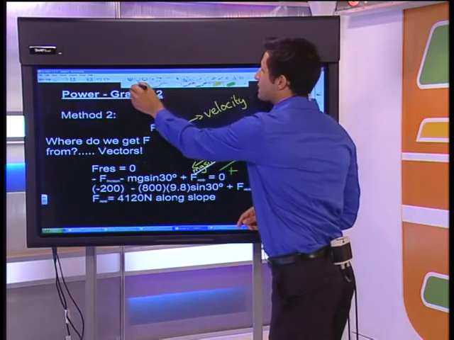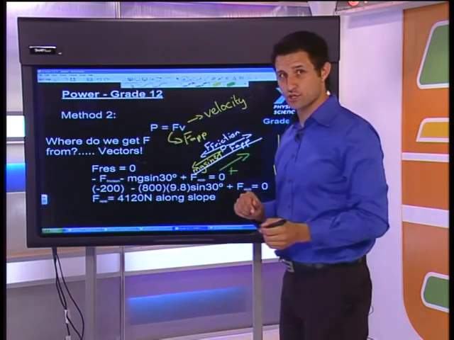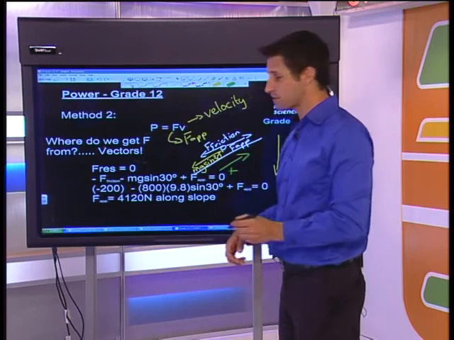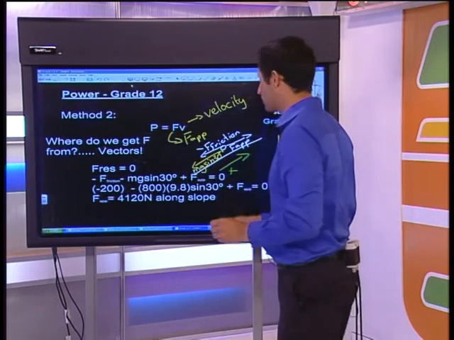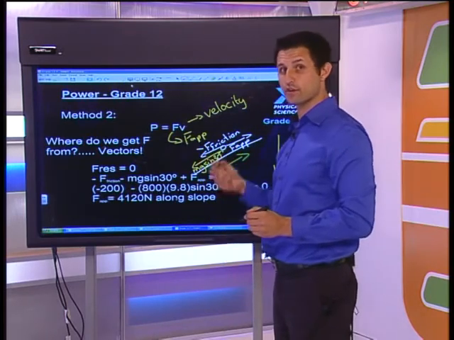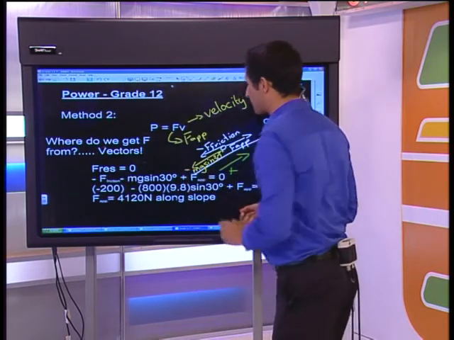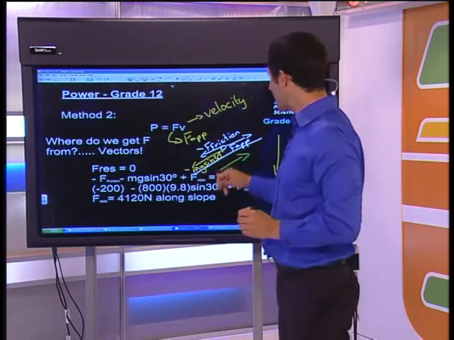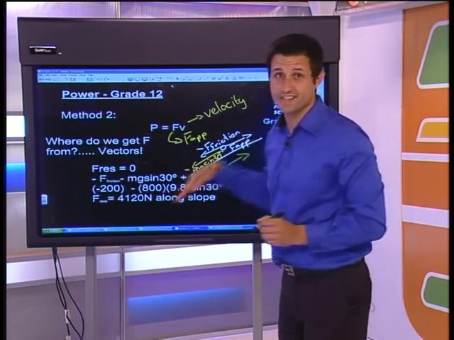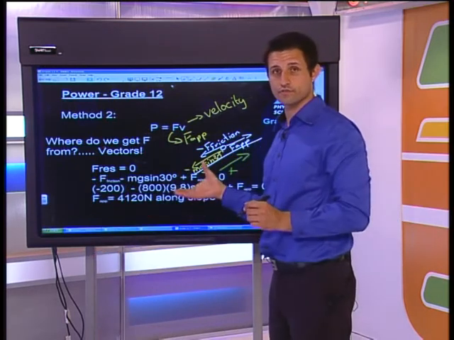So if I went to my diagram and I said, okay, well, force of friction is acting down the slope and is therefore negative. What about my parallel component of gravity? That's also negative. Let's just make sure that we're keeping it in the same color so that you can identify what we're doing. I know that these two forces which are pushing downwards are negative.